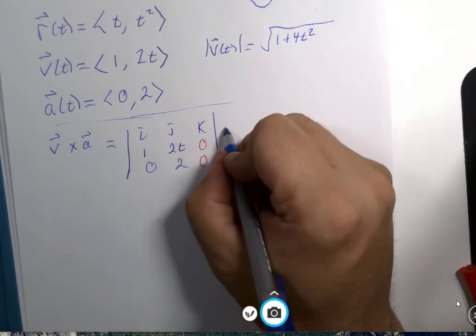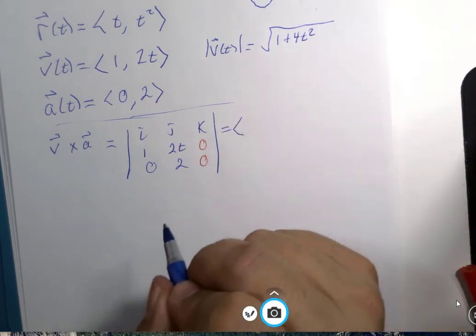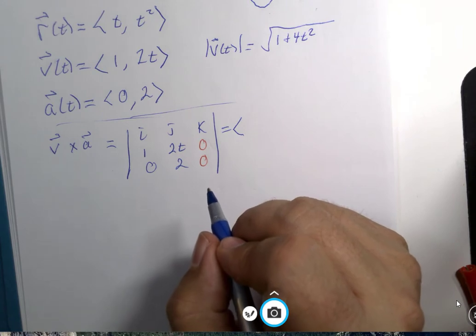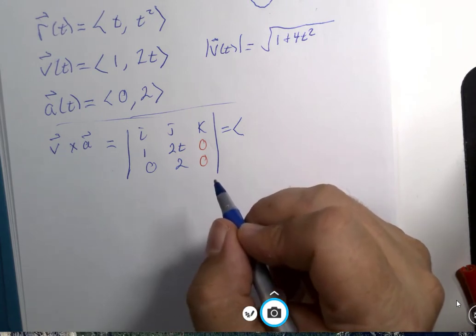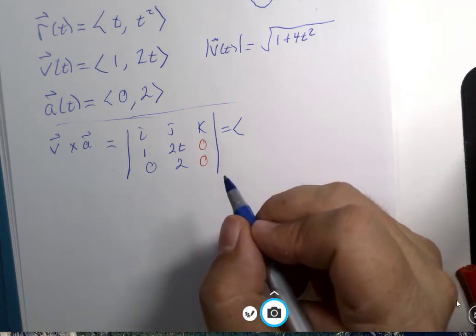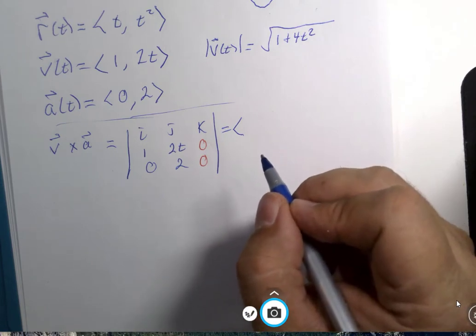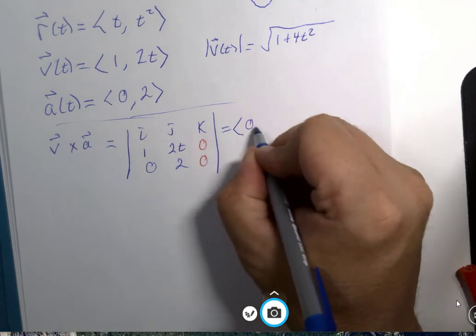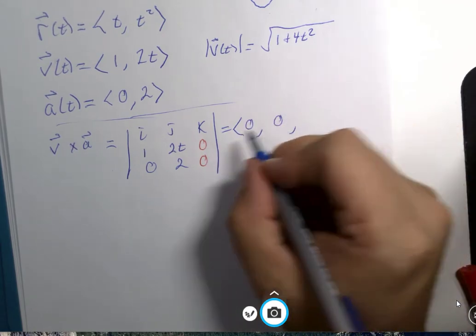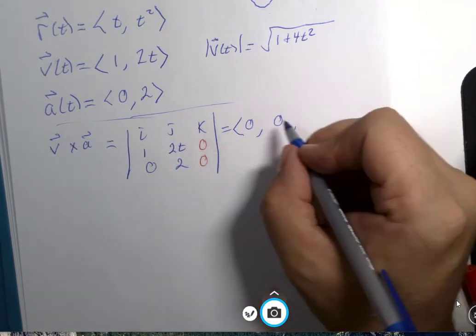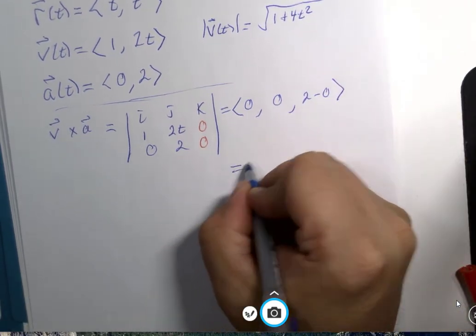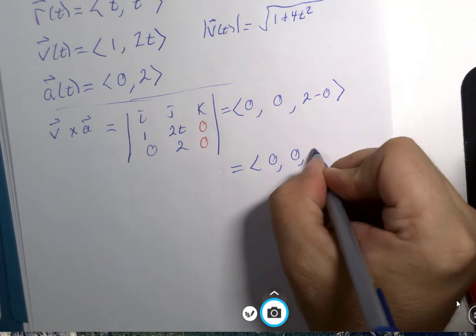And if you start to evaluate this, which by now you've done quite a few times, so if I'm going too fast, pause. Do it yourself, then see if my result matches yours. You try first, then come match to this. That's going to be 0, and that's going to be 0. And this is going to be 2 minus 0. I mean, that's just 0, 0, 2.